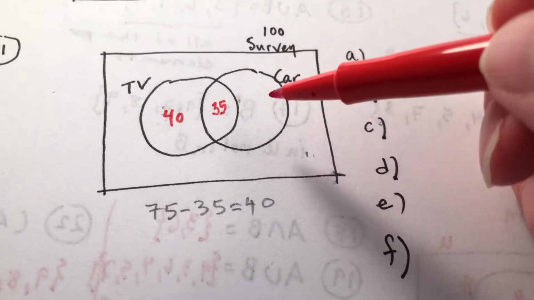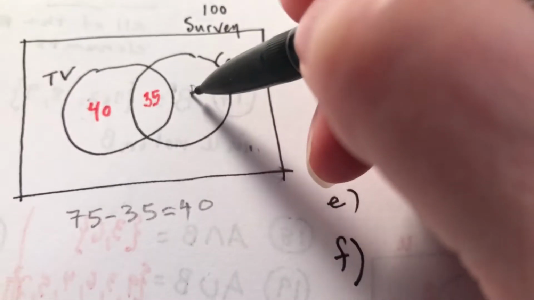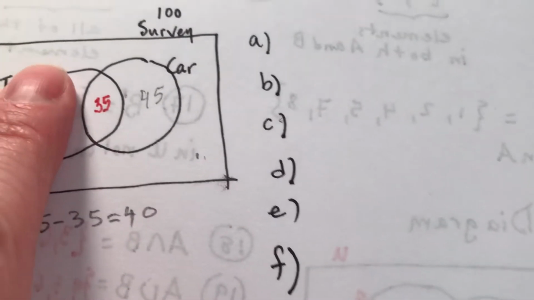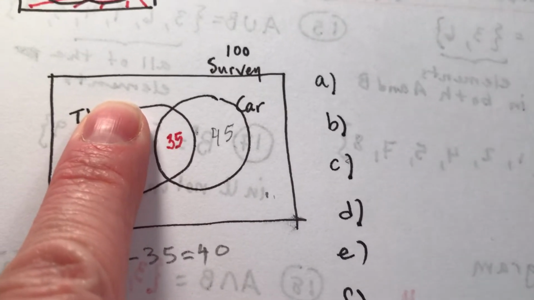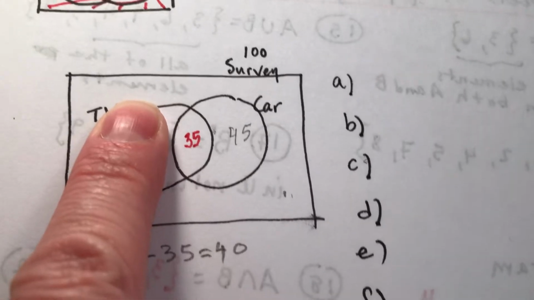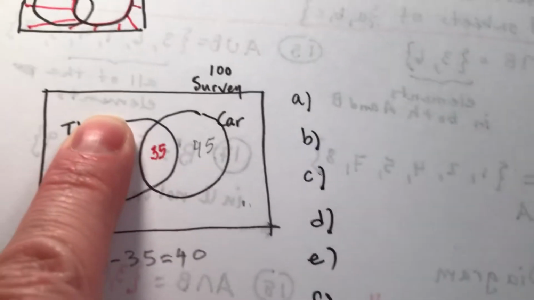And now let's fill in the cars. Do you own a car? 45 said yes. Again, don't put 45 here. It's incorrect, because if I cover this part up and just look at the cars, it includes the 35 already. If I put a 45 in there, that's telling me 35, 40, 80 own cars.